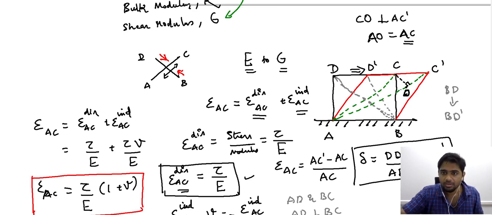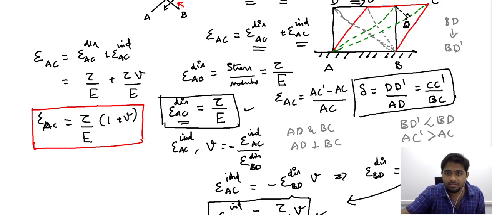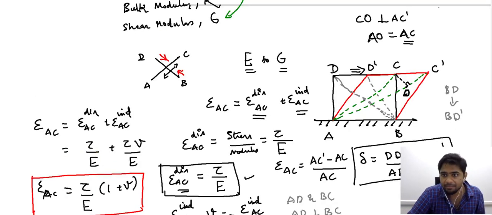What we have essentially done is, we have sectioned the new length AC prime into two, that is AO and OC prime. Therefore AC prime can be expressed as AO plus OC prime.